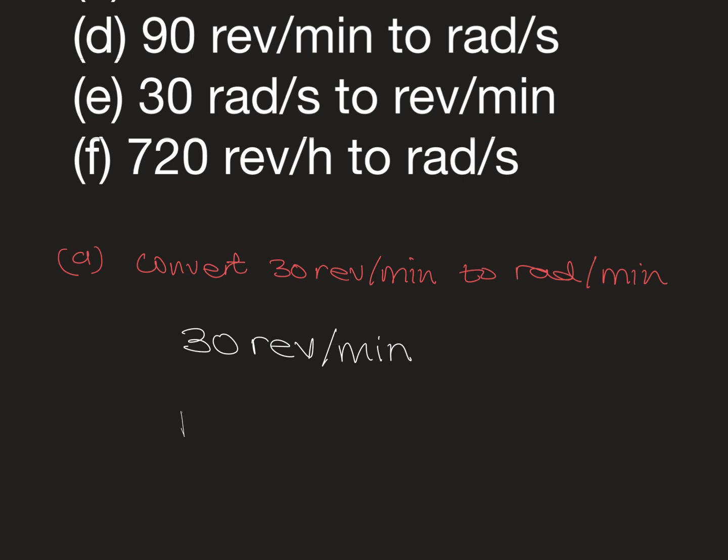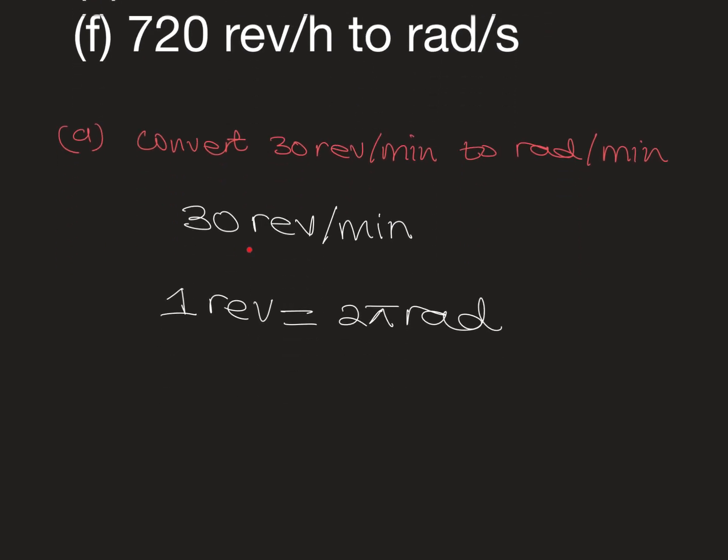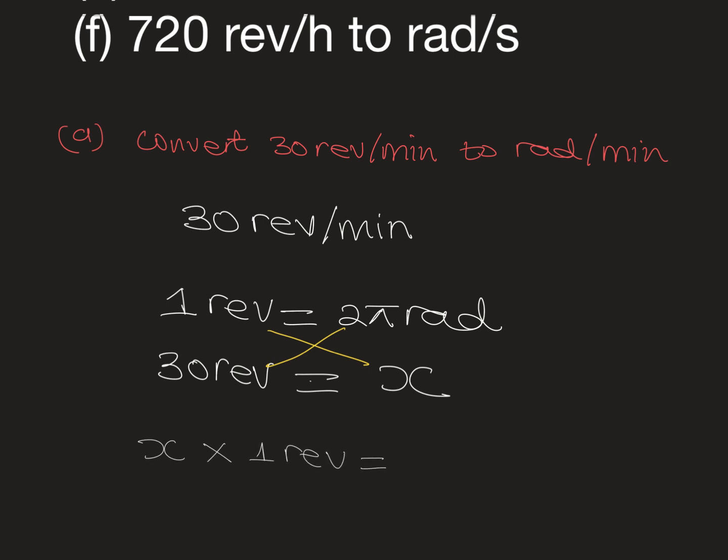Now we know that 1 revolution is equal to 2 pi radians. So what is 30 revolutions then? 30 revolutions will be equal to x. Now let's cross multiply. That will be x times 1 revolution is equal to 30 revolutions times 2 pi radians.